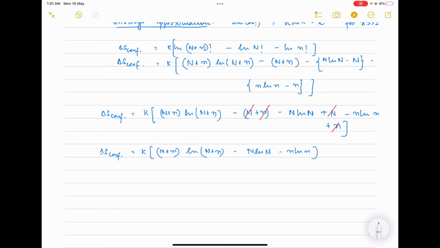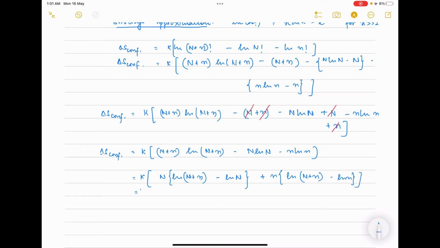Okay, so now let us collect the terms together. If we collect the capital N terms, we get capital N ln (N plus n) minus ln N, plus small n ln (N plus n) minus ln small n.